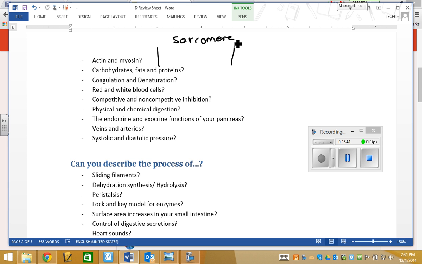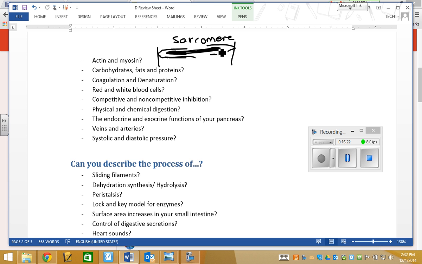You have the skinny actin that's attached to the Z band, so it's attached to the edges. And then in the center, you have the thick myosin strand. And if we were to look closely, myosin has those little heads. They look like little golf clubs or little hooks. And when the muscle contracts, they drag the two sides closer together. ATP is required to let it go.